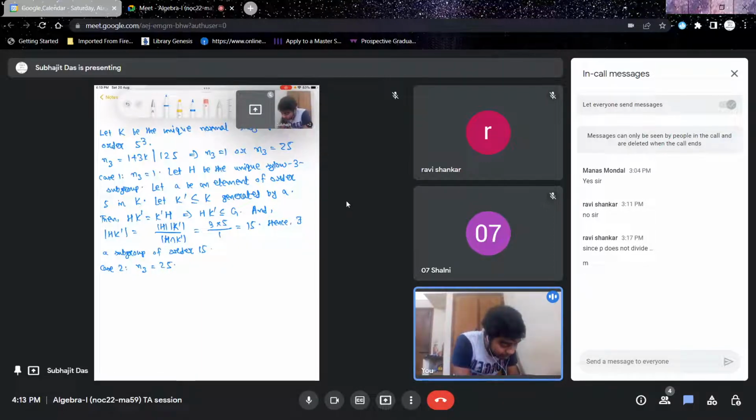Because you know that if P is any Sylow 3 subgroup, then the number of Sylow 3 subgroups, that is n3, is equal to order of G over order of N(P), the normalizer of P, right?